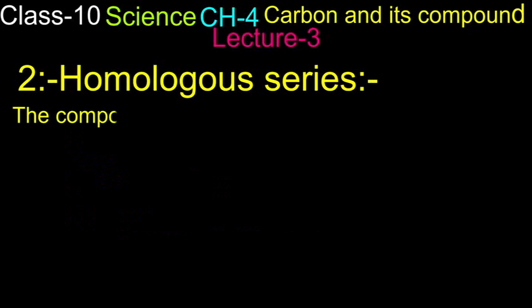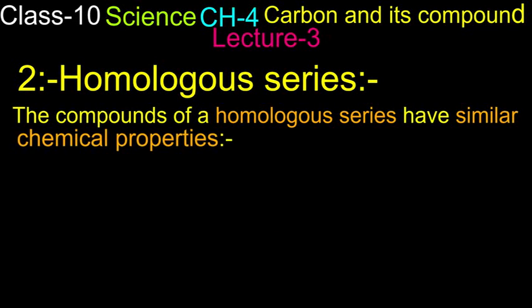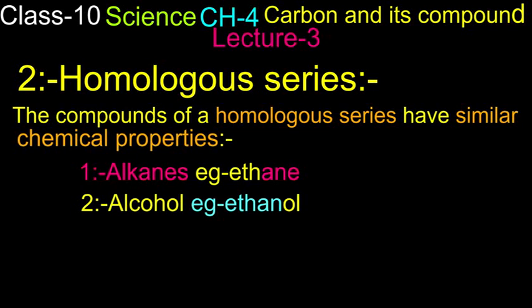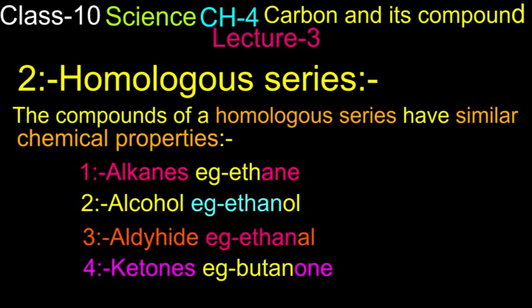The compounds of a homologous series have similar chemical properties. For example, alkanes have similar properties, while different alcohols have similar properties. Similarly, aldehydes or ketones and so on.